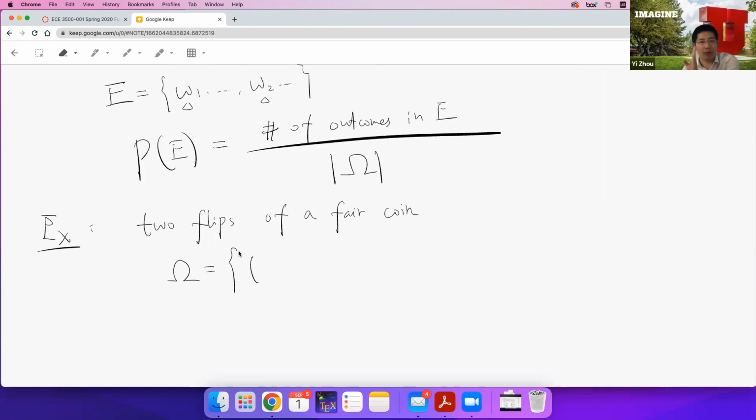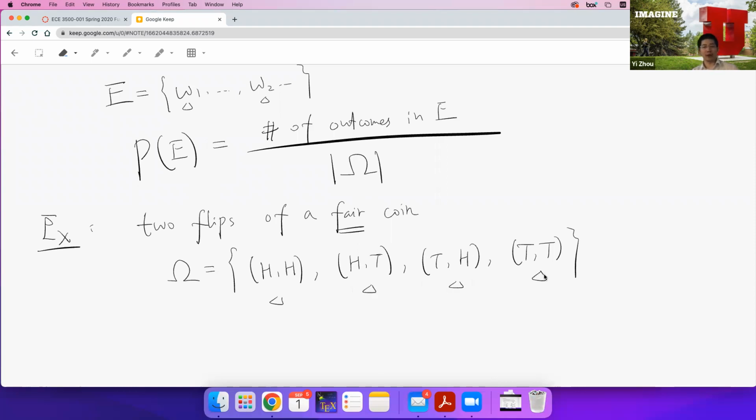Every flip has 2 possibilities, so 2 flips have in total 4 possibilities. We may get 2 heads, we may get head and tail, we may get tail and head, and tail and tail. So these are all the possible outcomes. And because it's a fair coin, all these outcomes are equally likely to happen.